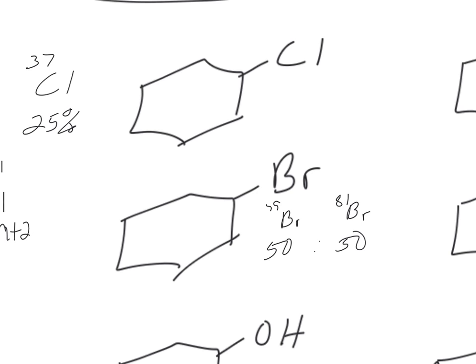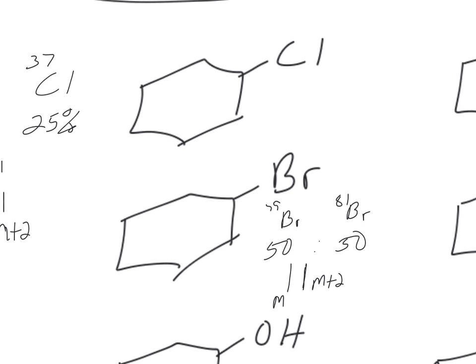So in this case, your M peak, your molecular ion peak, and your M plus 2 peak are going to be exactly the same height. So that's how you know you have a bromine. Does that make sense? The isotopes are the dead giveaway. With a chlorine, you'll see a 3-to-1 ratio in your molecular ion, and with bromine, you'll see a 50-50, a 1-to-1.